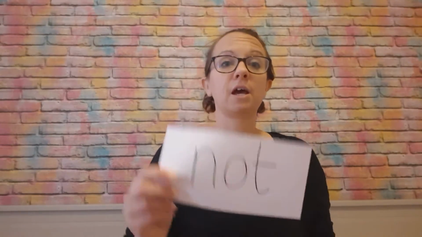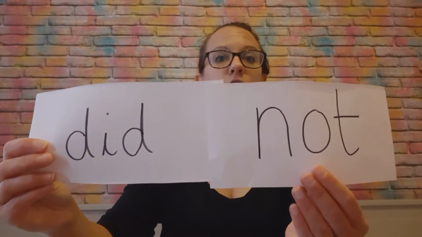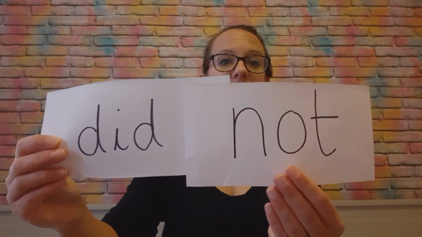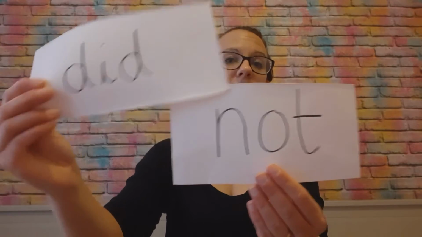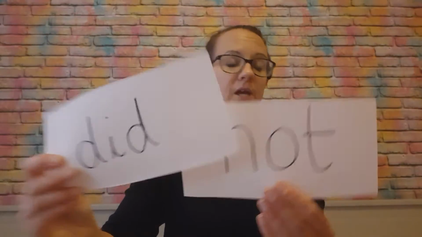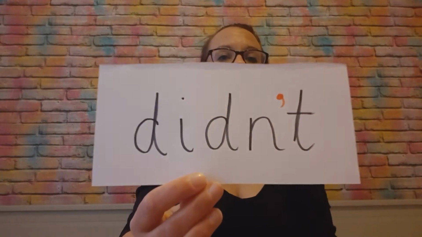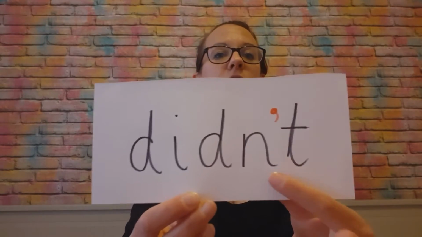Okay, and we do this with quite a lot of phrases that have not. So we can also do it with did not. And again, the same thing, that O is going to disappear, it's going to be left out, and we merge them together to make didn't. So didn't actually means did not.